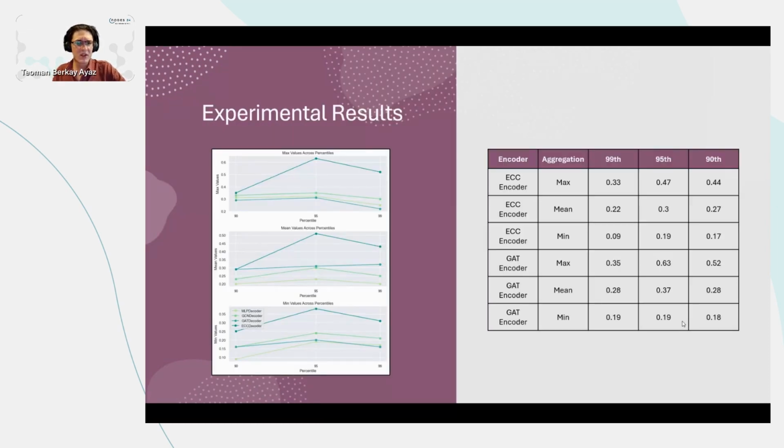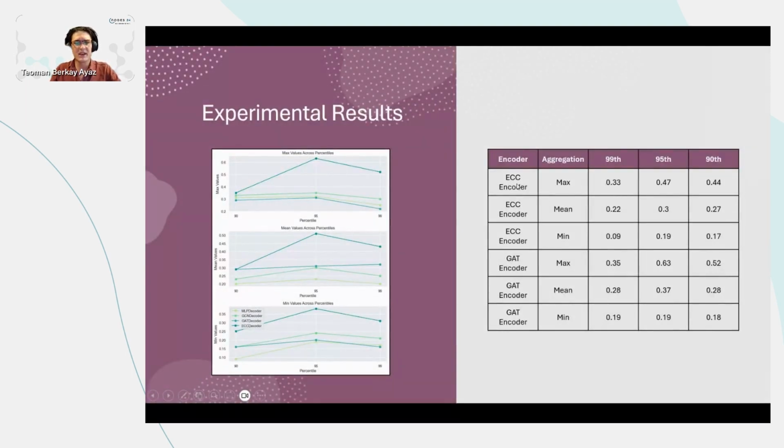So the experimental results show us that, at least with the graph structure we used in this study, the ECC decoder outperforms all of its counterparts across different data points. We can see that it doubles its closest competitor, which is the GCN-based decoder.